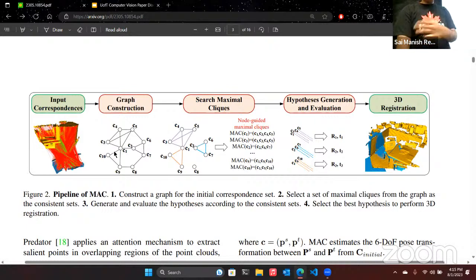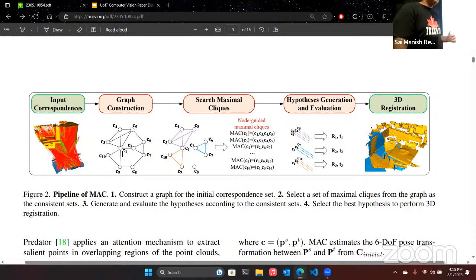Similarly, you have many more correspondences, maybe 10,000 of those. In this figure, there are 10. And you make a graph out of them, and each line's weight is based on a particular score, which takes into account how similar those two correspondences are.